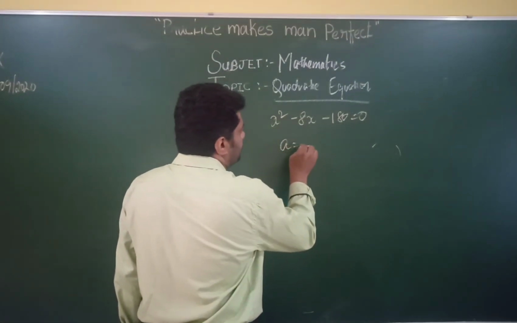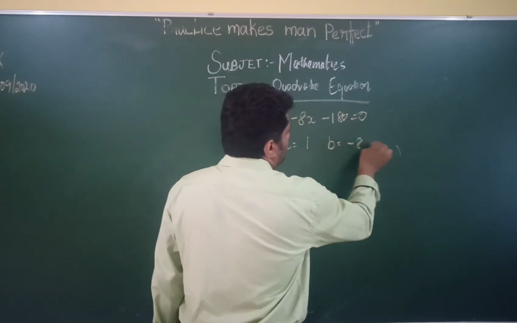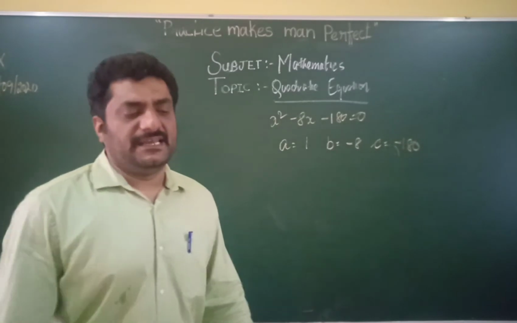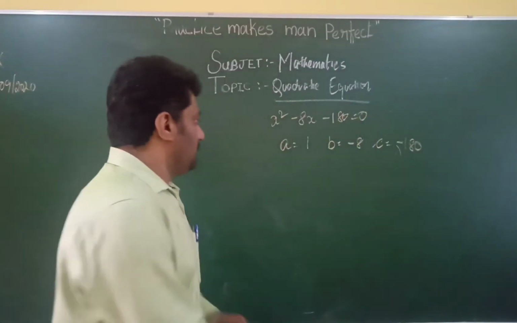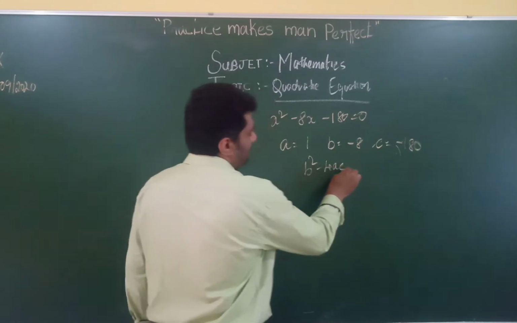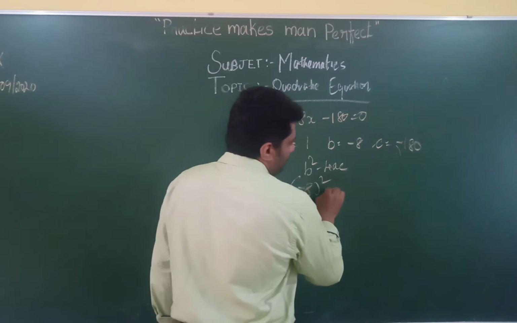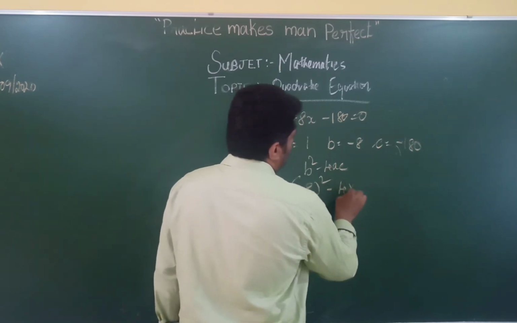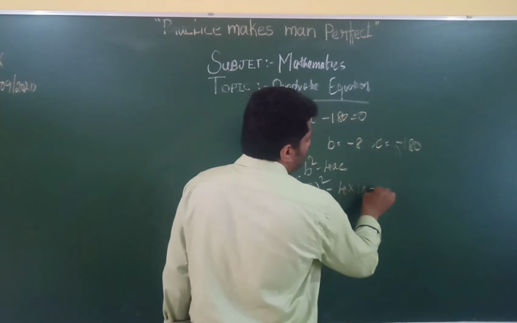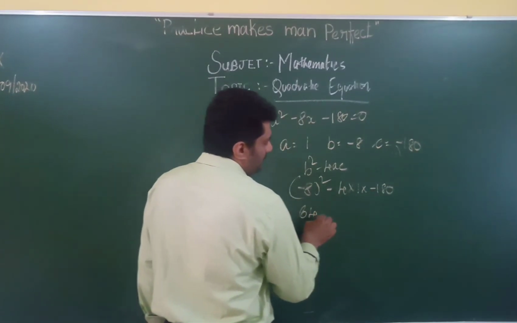Now how do we get the values of x here? The a value is 1, the b value is minus 8, the c value is negative 180. First let's see if the roots exist. How do we find? b square minus 4ac. b square is minus 8 whole square minus 4 into a. a is how much? 1 into negative 180, which is nothing but 64.